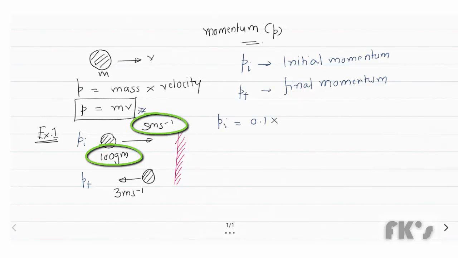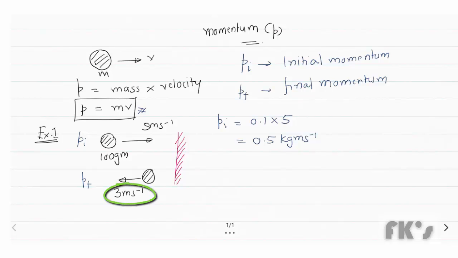That gives me a value of the initial momentum of 0.5 kilogram meter per second. That happens to be the unit of momentum. Likewise, I can calculate pf, the final momentum, using the values given here. Of course, the mass of the ball remains the same, so pf would be equal to 0.1 kilogram, converted from 100 grams, multiplied by 3.